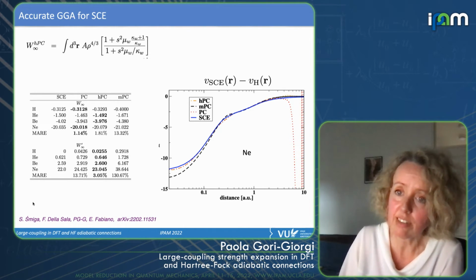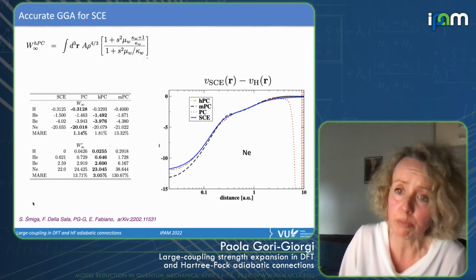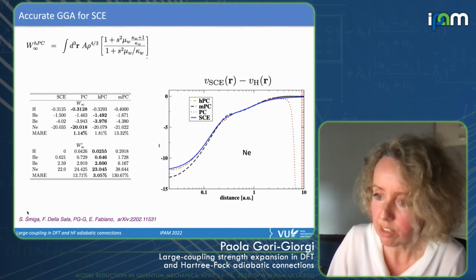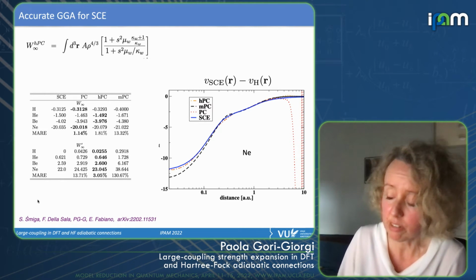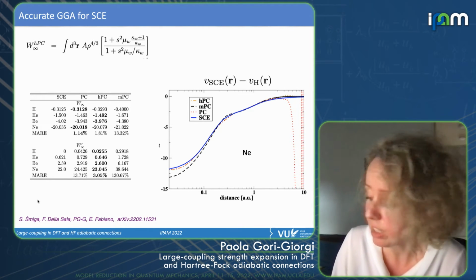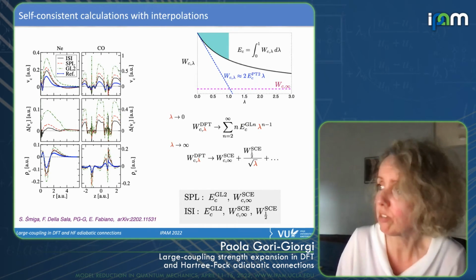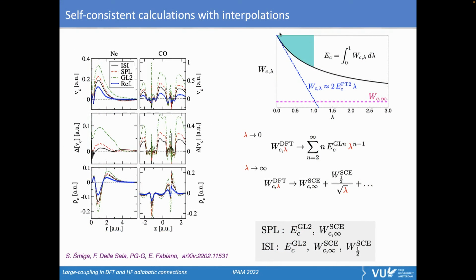So what is nice is that with this new kind of approximation, and with the technique that Simon has developed to optimize effective potential techniques, he could do self-consistent calculations with this kind of functionals built by interpolating between second order perturbation theory and this large lambda limit approximated with generalized gradient approximations.